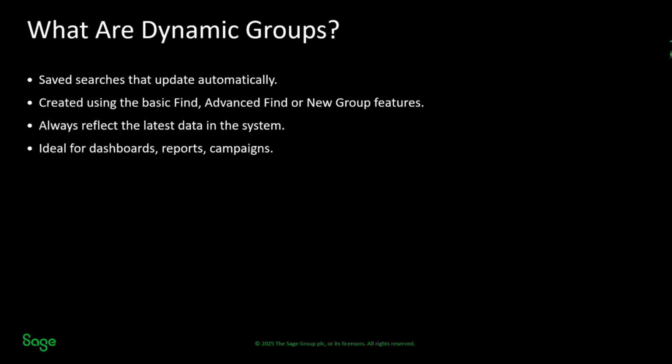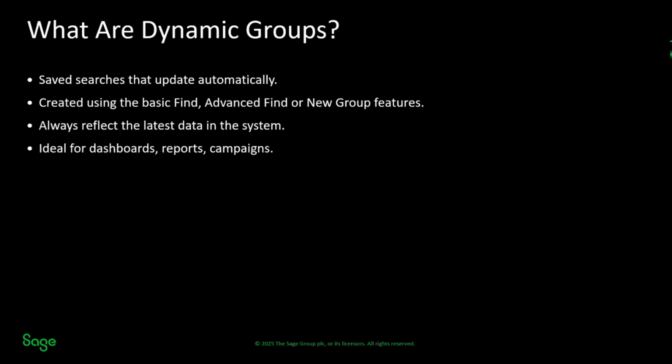So give me all companies of type customer that have the status active, and that will segment the data and immediately pull back all of the records that match the criteria used in the dynamic group definition.